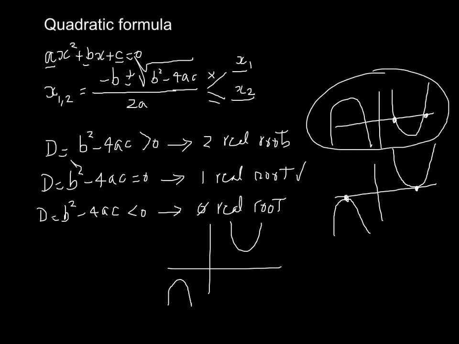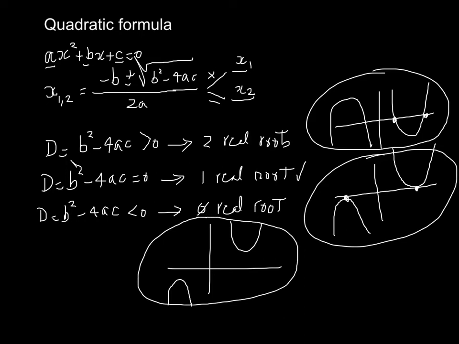If d is equal to 0, there is only one real root, then this is the scenario. And if d is less than 0, then there is no real root, so there is no x-intercept, meaning this scenario.